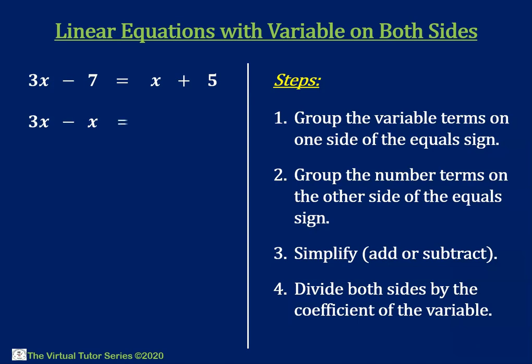Therefore, we have the right-hand side to be 5 plus 7. The third step is to simplify by adding or subtracting like terms. So at the left-hand side, we have 3x minus x to be 2x. And at the right-hand side, we have 5 plus 7 to be 12.